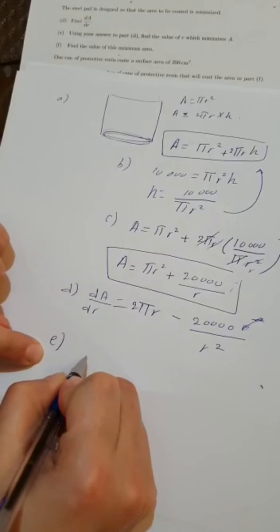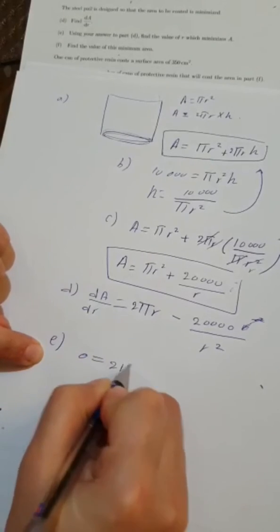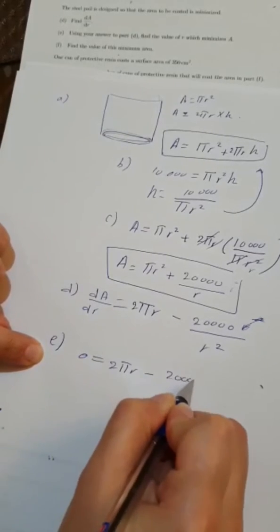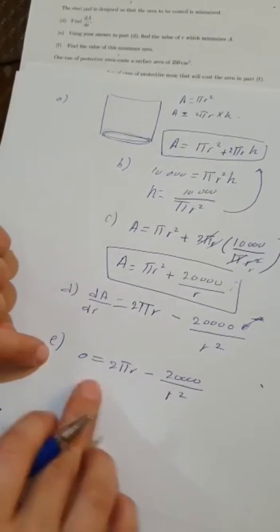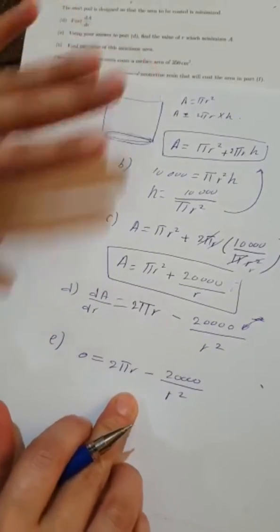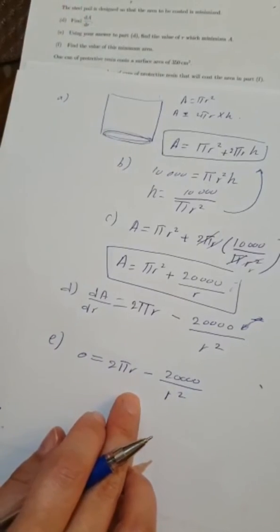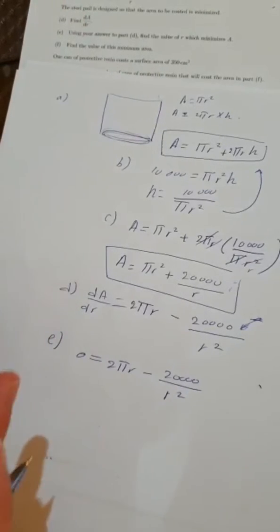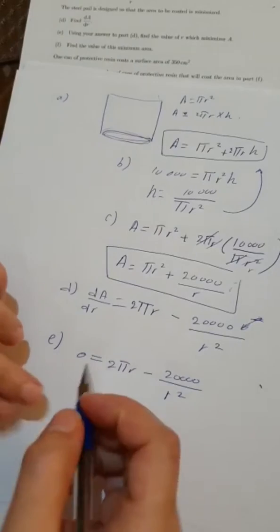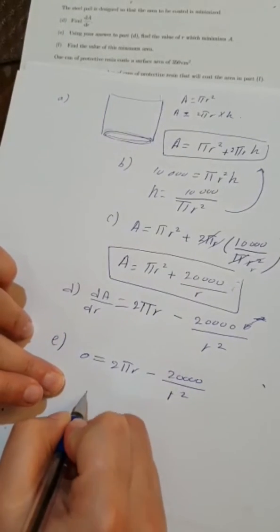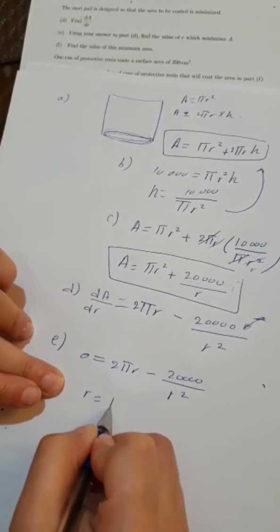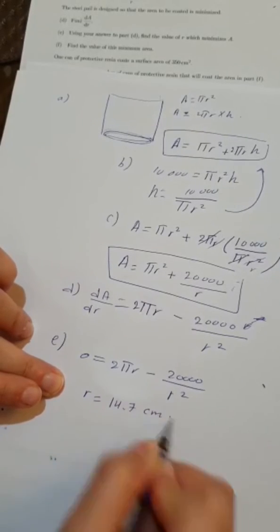So I'm going to say now 0 equal to 2π r minus 20,000 over r squared. And if I want to solve this one, I can solve it using the graphing calculator, or you can do it normally, whatever you want. It's easy to use the graphing calculator for that. So I'm going to get r equal to 14.7 centimeters.